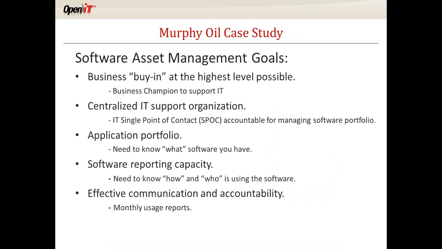They wanted to know what they had, so what software do we have across the environment, and this was at a particular region level. So this was not company-wide, it was very small. And they wanted to know who was using it and how they were using it. And of course, at the end of the day, it's all about communication and accountability. They wanted something that was robust enough to produce monthly usage reports, etc. So I'm happy to say, in this particular case, they chose OpenIT.